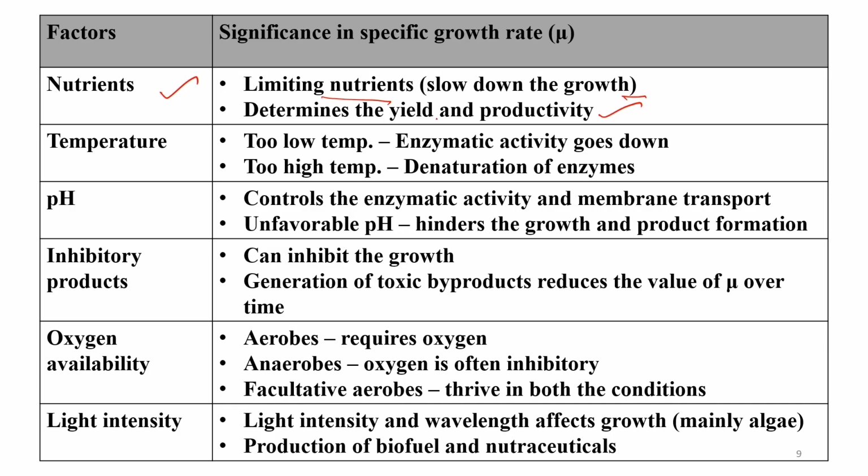So, basically it determines the yield. Yield we will be discussing. So, yield is Y x upon s. So, how much biomass is produced per gram of substrate utilized.